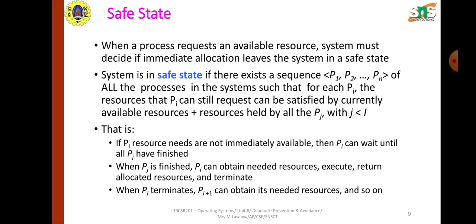That is, after allocating that resource to the process, will the system remain in a safe state? The system is in a safe state if there exists a safe sequence of all the processes in the system, such that the resources they can still request can be satisfied by the currently available resources plus those held by the processes in that system.